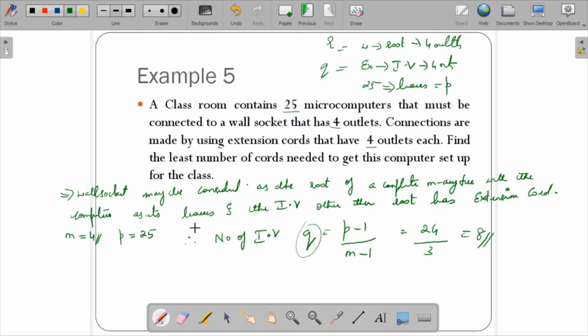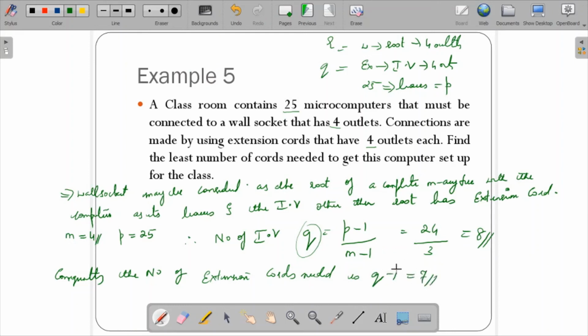Consequently, the number of extension cords needed is Q minus 1, that is equal to 7.